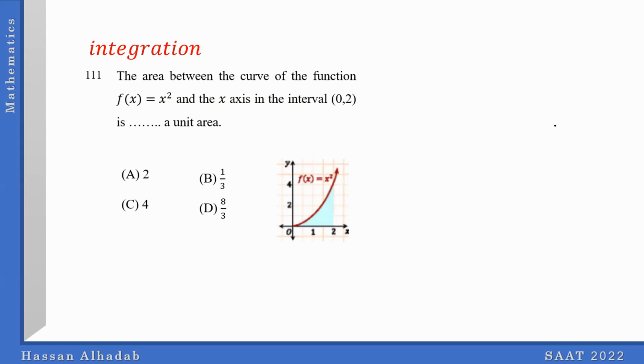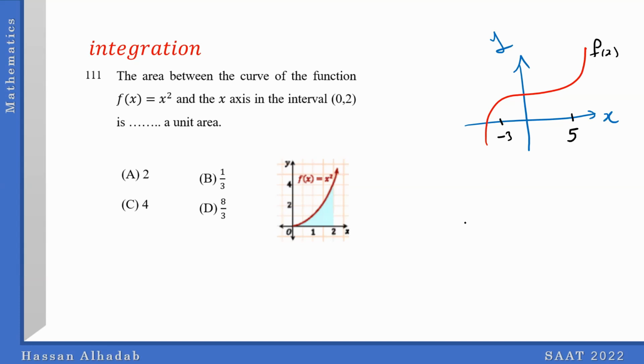So whenever I have a function, with x and y axes and a curve going like that, if I said find the integration from negative 3 to 5 of f of x, this is just the area bounded by the curve and the x-axis.